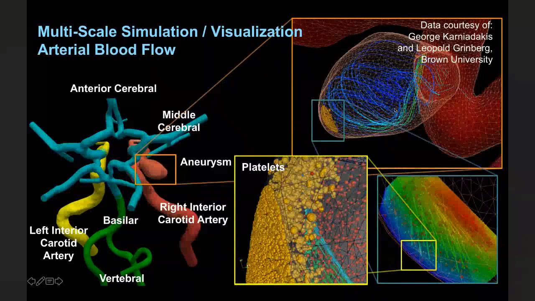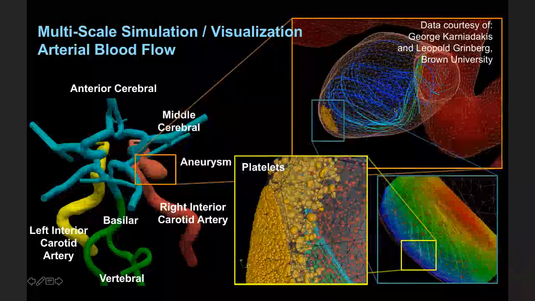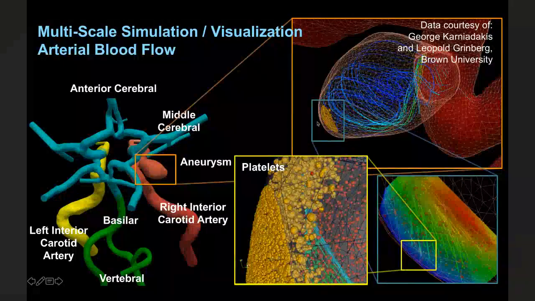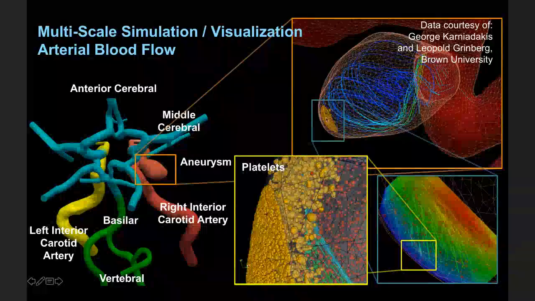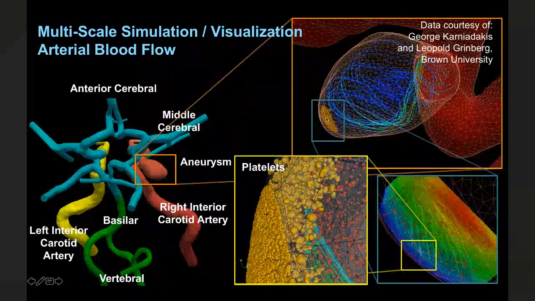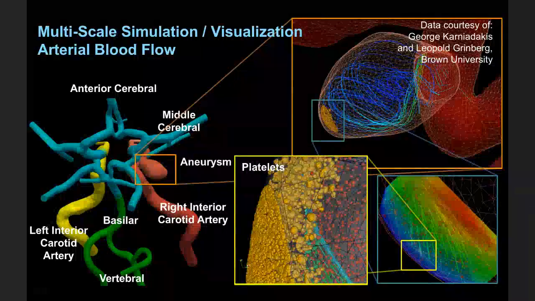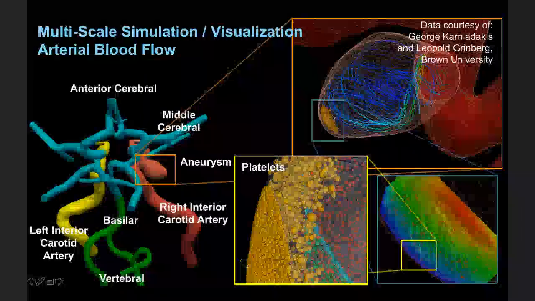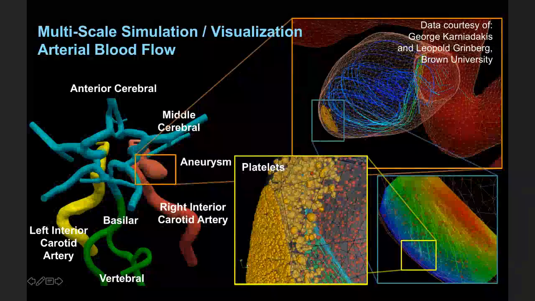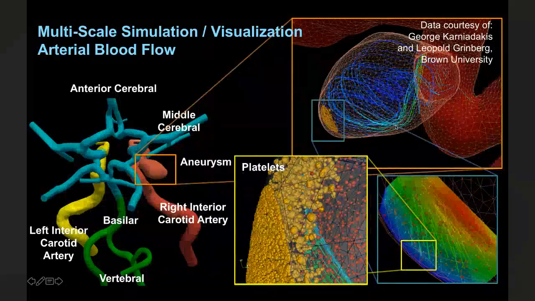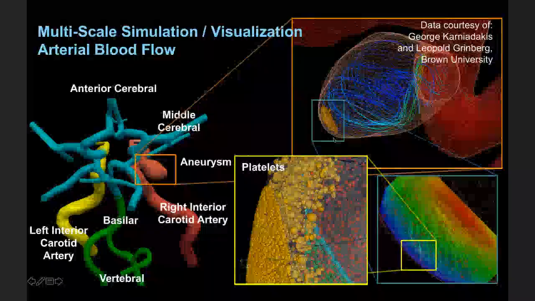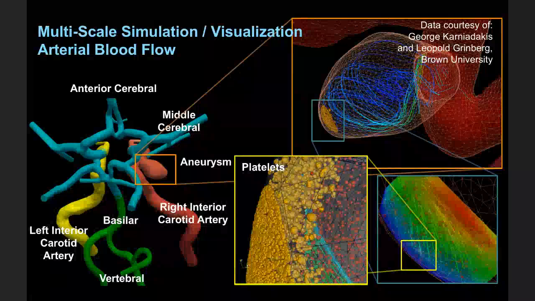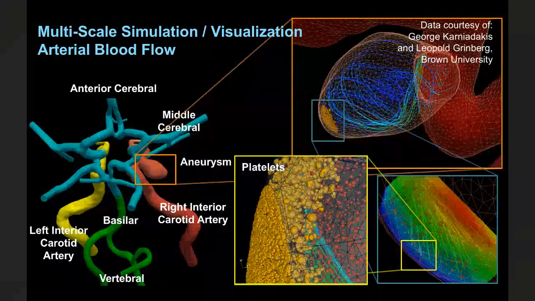So you can see that there's no way to use this level of granularity throughout the entire system. So that's why it became really important to do these multi-scale coupled simulations. And with it brings challenges in terms of visualization as well, in terms of looking at things happening at these very widely differing scales.